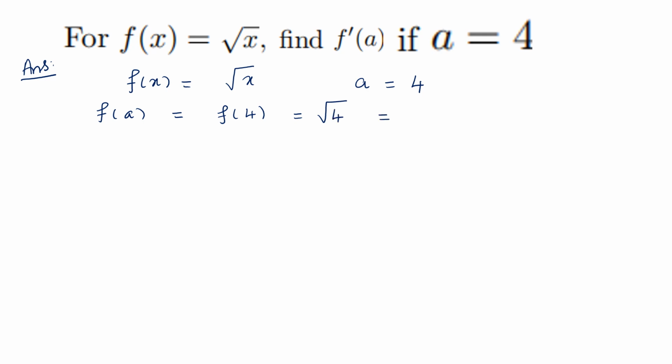Square root of 4 equal to 2. Next, f(a plus h). a value is 4, so f(4 plus h) equal to square root of 4 plus h.